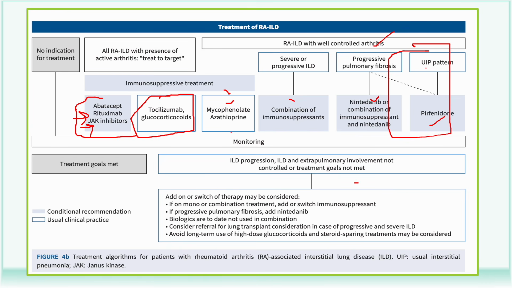Again, if the progression is there, the goals are not being met, you may have to add or switch therapy. You will have to add an antifibrotic. Again, biologics in combination, not much evidence. Consider referral for lung transplant. And here also avoid long term high dose glucocorticoids and consider more steroid sparing treatments.